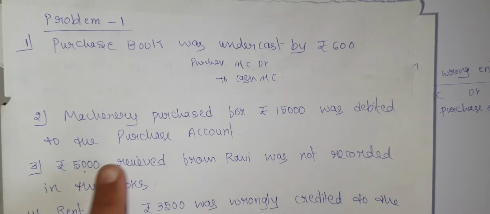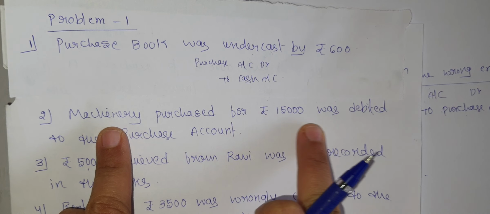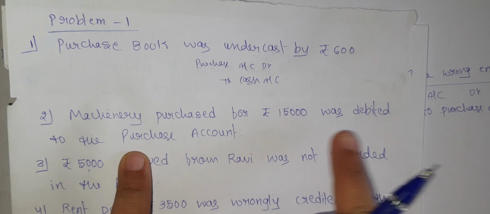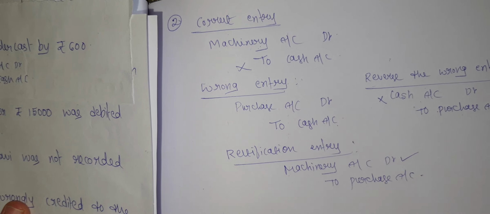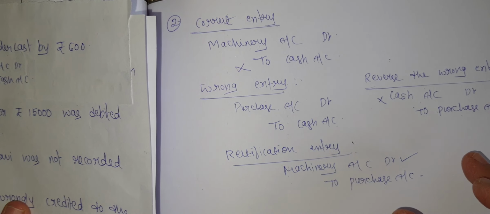Here what they said, machinery purchased for rupees 15,000, it was debited to the purchase account. So we should not debit the purchase account here. We have to debit machinery account. So we need to cancel the purchase account now. Means we have to rectify the mistake. So for that we have to cancel the purchase account that is debited.